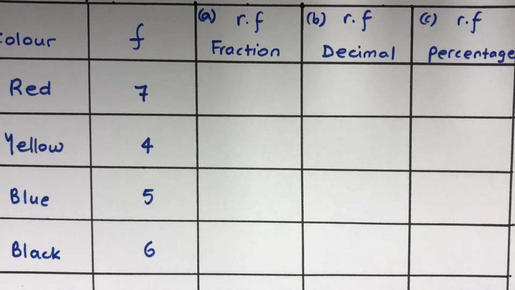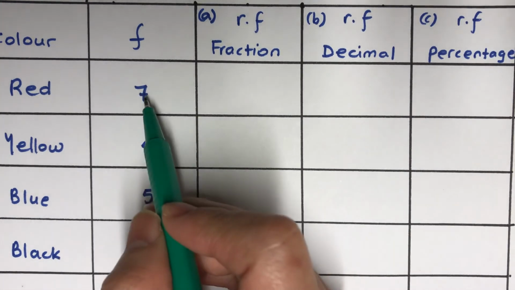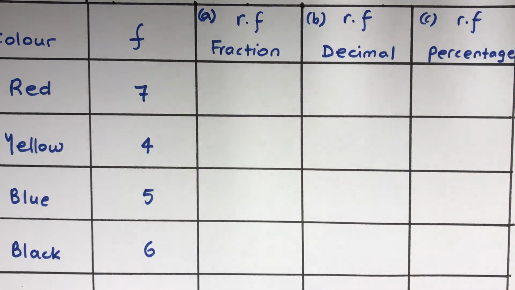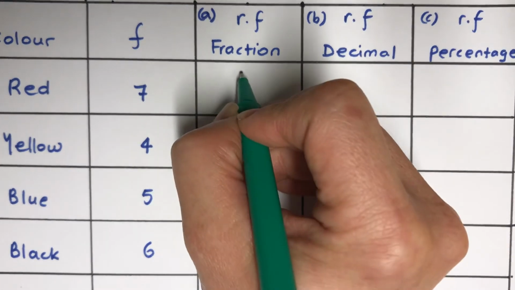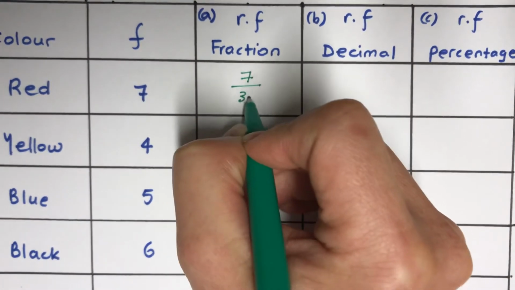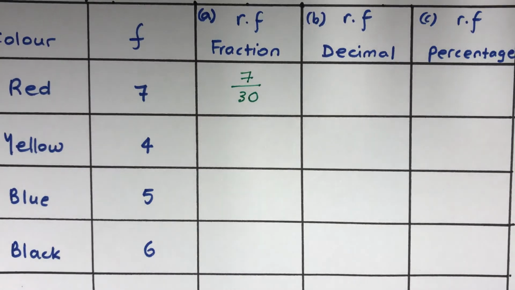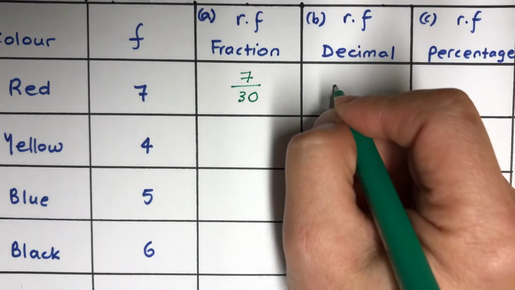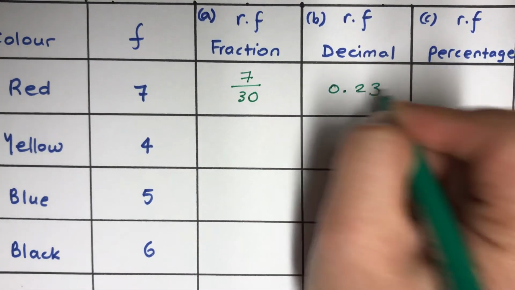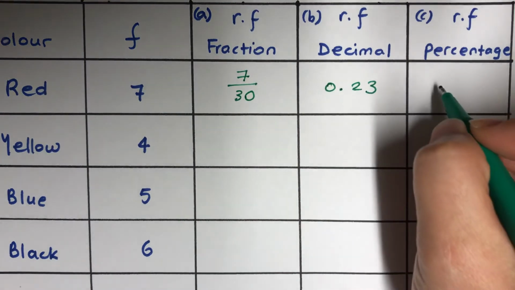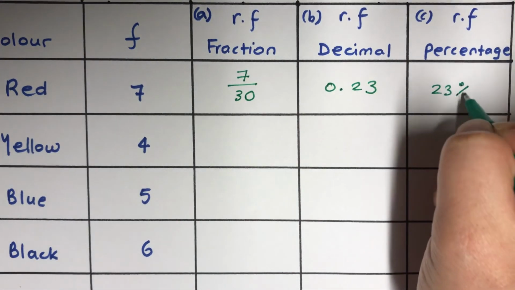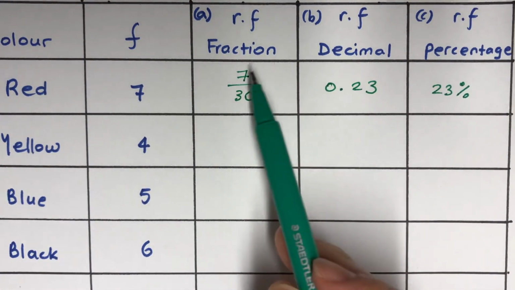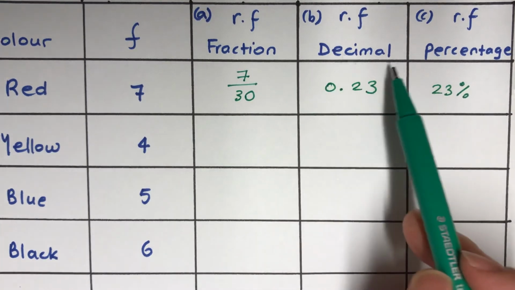How often something happens, that's the frequency, divided by total outcome, which is 30. So I'm going to write it here, 7 over 30. And that can be represented as 0.23. Use calculator. And then times by 100, we'll get 23%. So we can write it in there. So the relative frequency can be written as fraction, decimal, percentage.